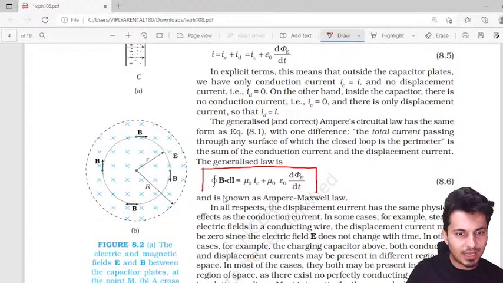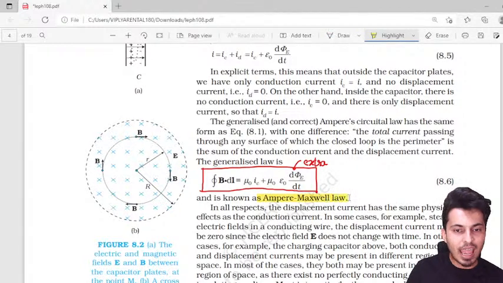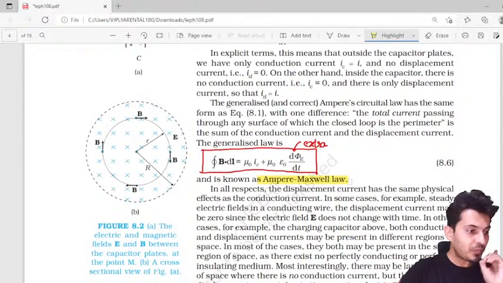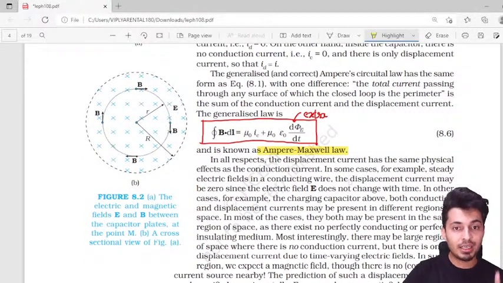You can see there is some extra term over here, because usually it was mu naught IC, but this is your extra term, and that's why you are now no longer calling it Ampere's law, but Ampere-Maxwell law. That extra term is basically your displacement current. Keep that in mind. That extra term is nothing but your displacement current, ID.